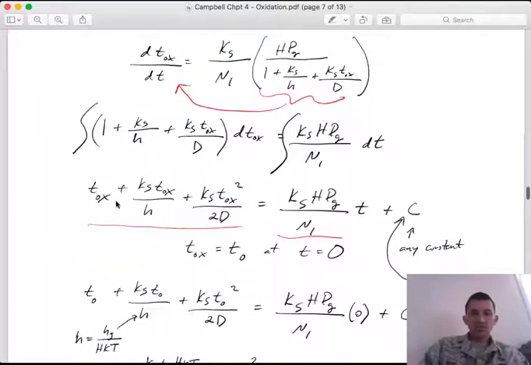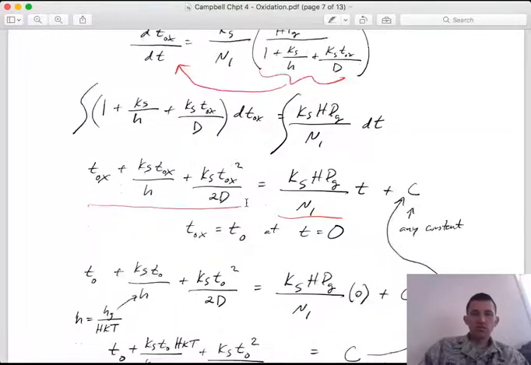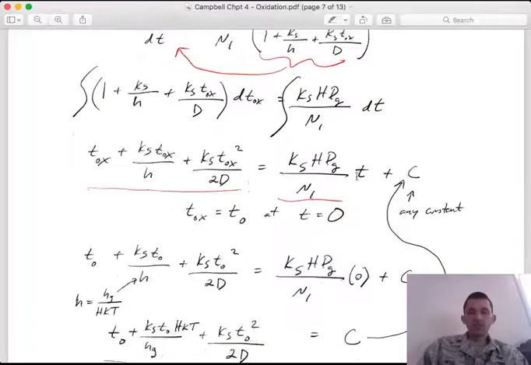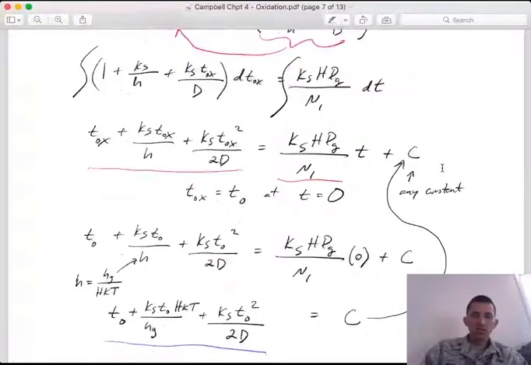This is just a simple polynomial, right? So we pick up a T ox on these terms here, and then a T ox squared over 2 on the last term. Here we're just going to pick up a T, and then we'll add our constant of integration. After we integrate the differential equation, we're left with this line here.